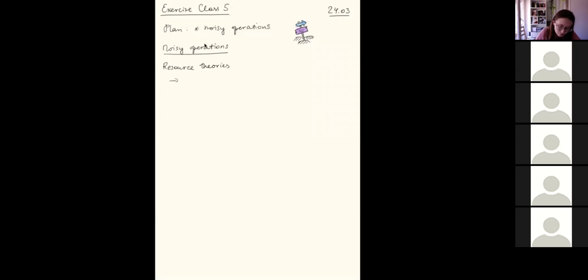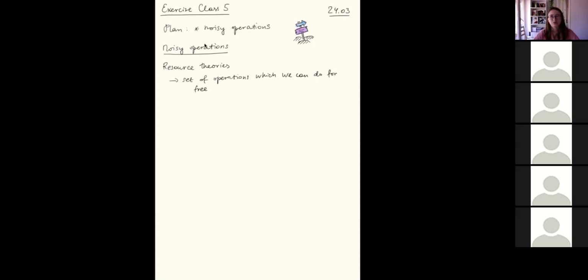So we need to define a set of operations which we can do for free in this theory. And then given this set of operations and maybe given some resource, we just see what exactly we can take out of this resource.